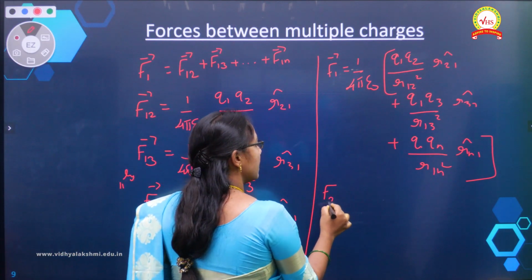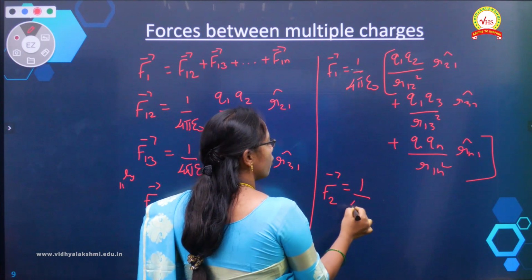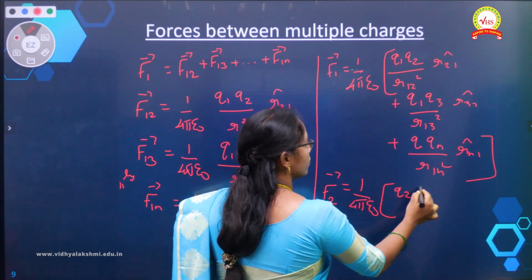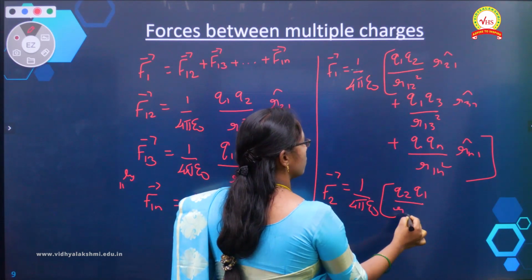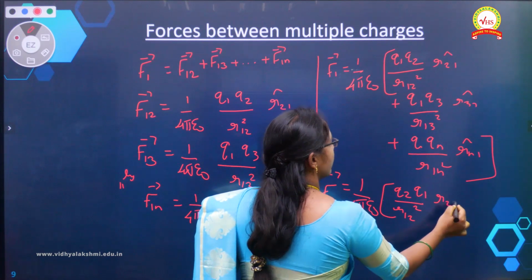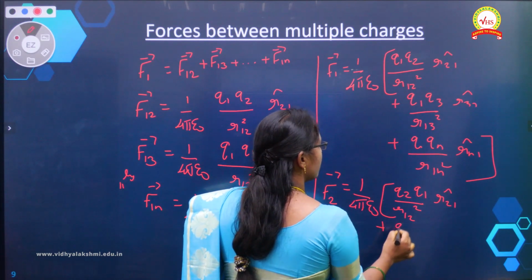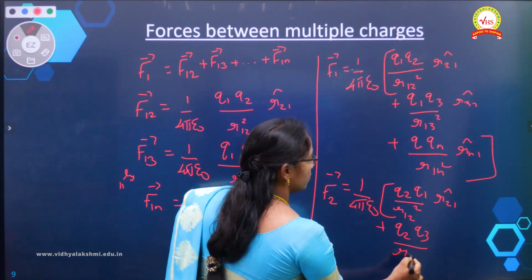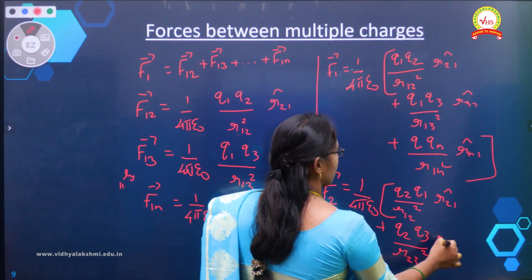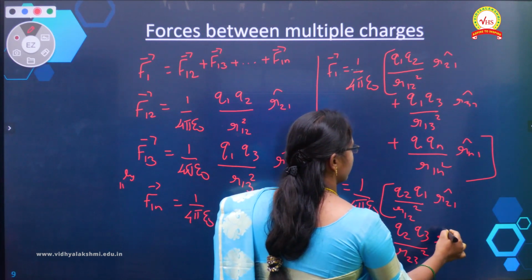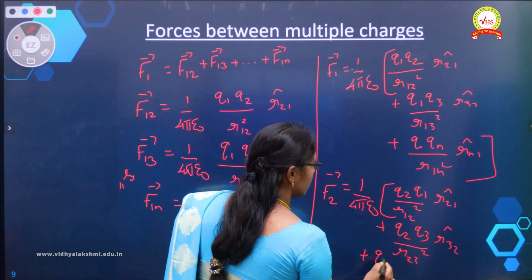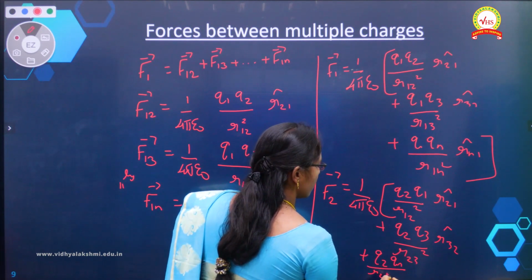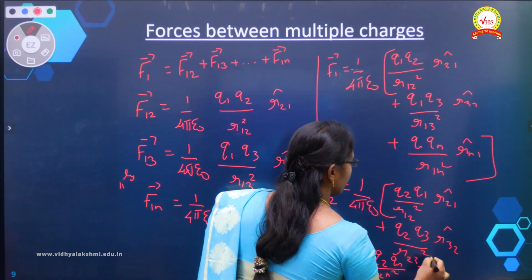So we can write F2 vector as 1 by 4 pi epsilon naught, Q2 Q1 by R12 square R21 unit cap plus Q2 Q3 by R23 square and R32 unit cap plus Q2 Qn by R2n square Rn2 unit cap.